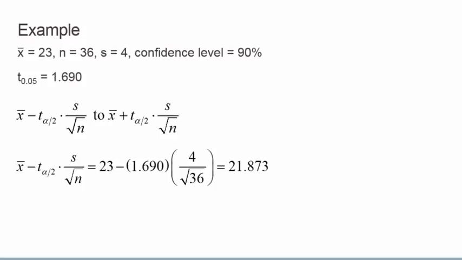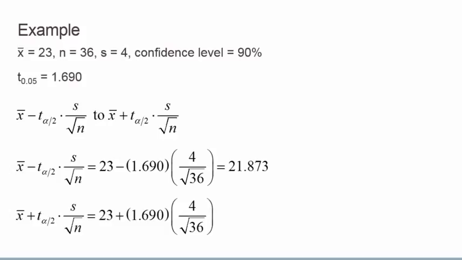That gives us 21.873. To find the upper limit, I just want to change my minus to a plus, substituting 23 plus 1.690 times 4 divided by the square root of 36 equals 24.127.